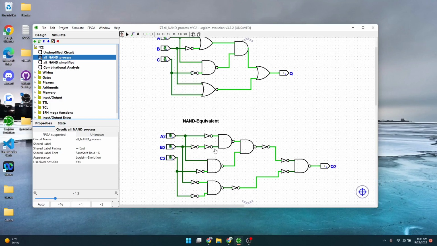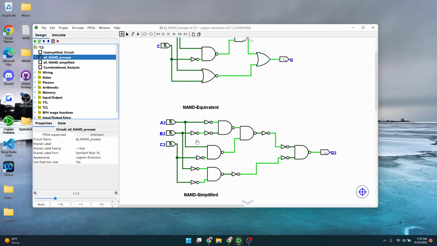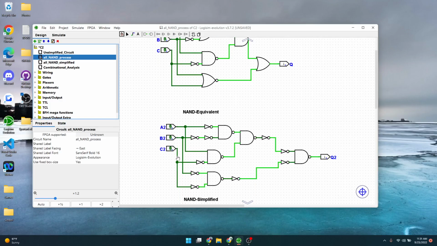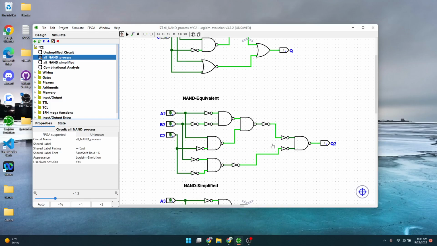With that, I turned everything into NAND gates. As was expressed in the video, we don't need to get rid of these NOT gates, because I could turn them into NAND gates, but it just makes everything unreasonably complex for no reason. We were told that it's fine to just leave those. It doesn't mean anything different.